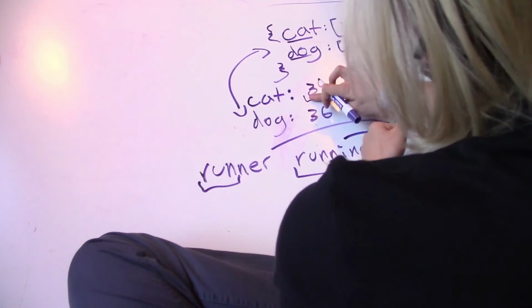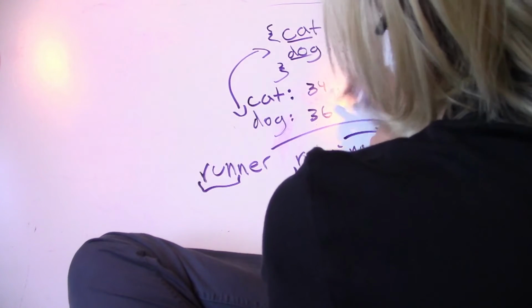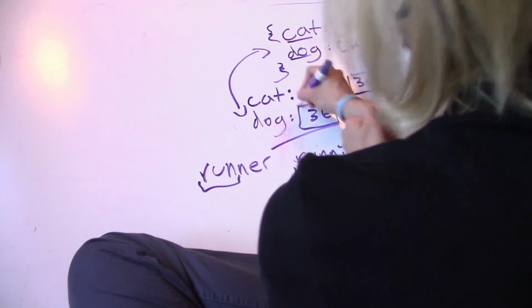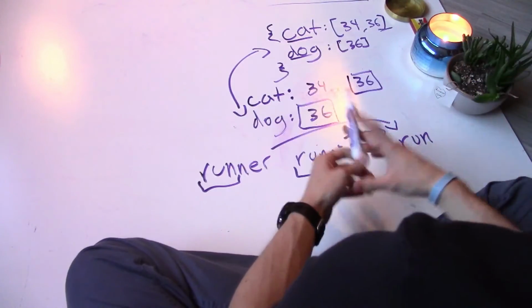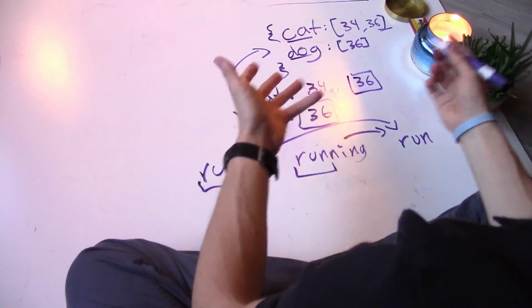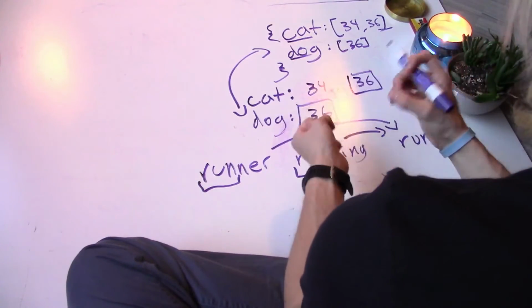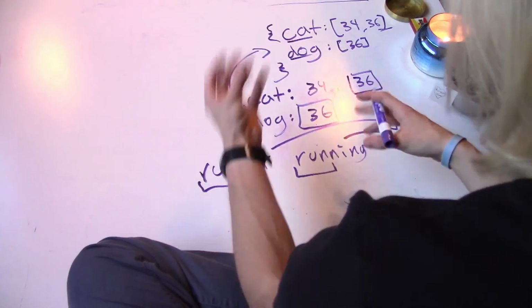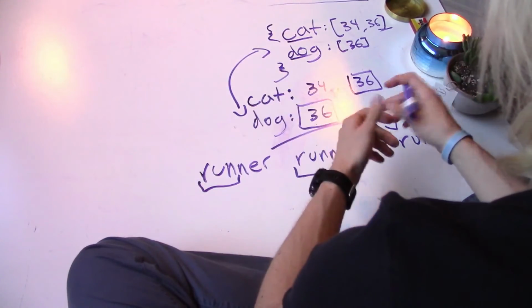Let's look at 36 real quick. The document ID 36 occurs in both cat and dog, but maybe we want to have a stronger weighting towards the one that occurs more in that document.